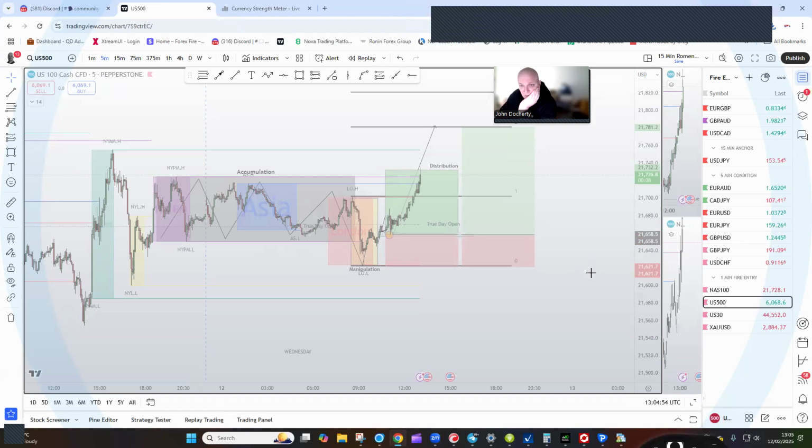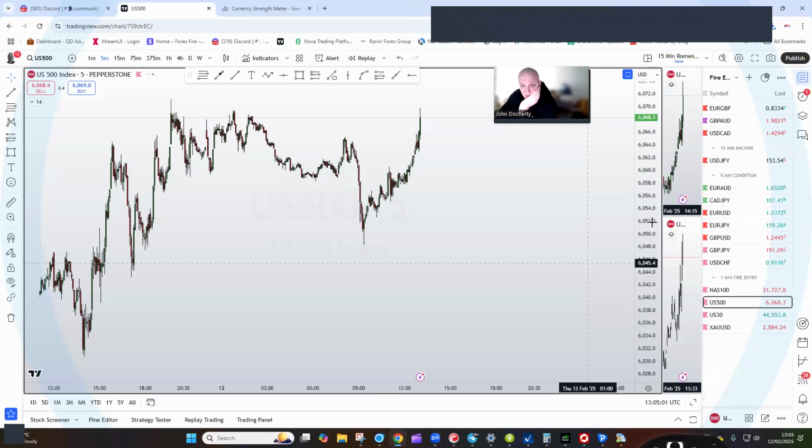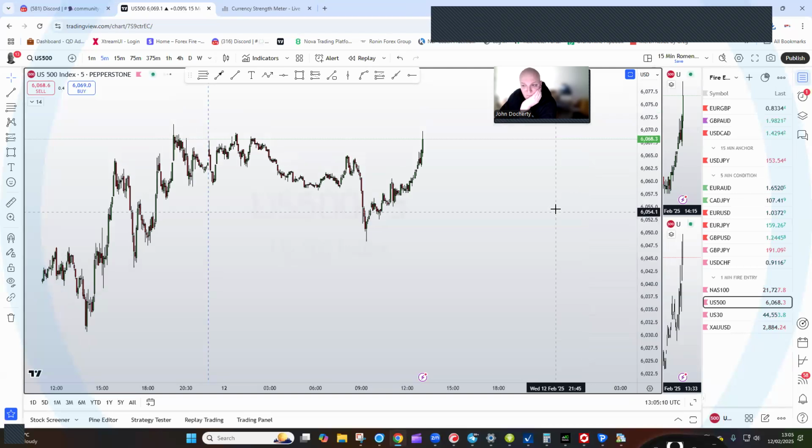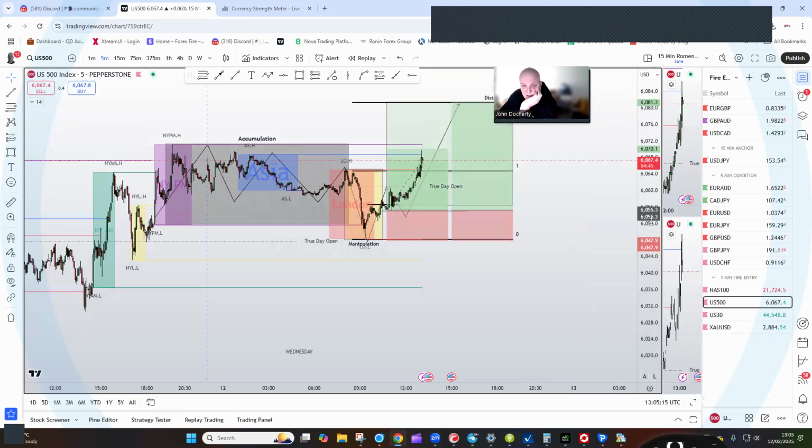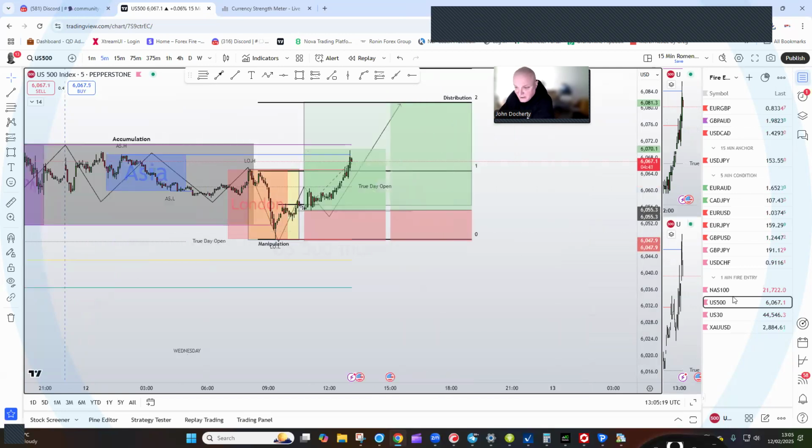Coming up to New York Open as well now, so we might get a second burst of volume, to be fair. US 500. Just let the charts load. Near enough 2% winner. It's just off 2%.